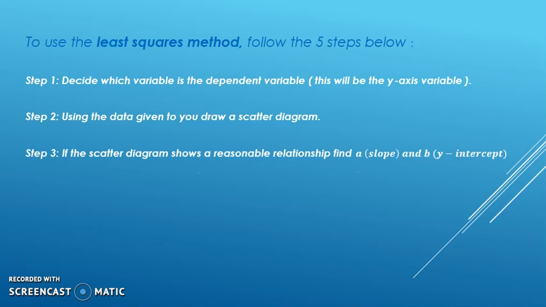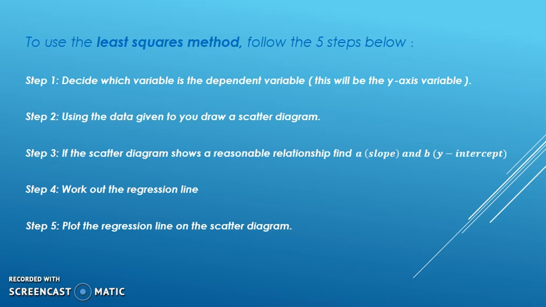Then step 3, if the scatter diagram shows a reasonable relationship, you can then go on and find a, the slope of your line, and b, the y-intercept. Following on from this, step 4, you work out your regression line, and step 5, you can plot your regression line on your scatter diagram, and you will be able to predict any value of your dependent from your independent value.